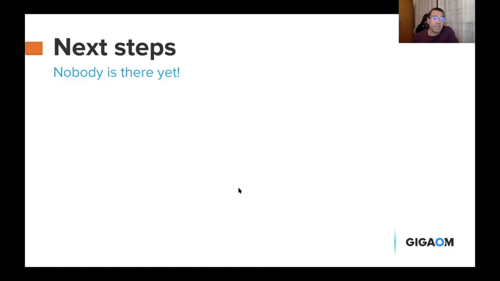The next step is, there are actually several next steps, but it is important to understand that nobody is there yet. There is some work. There are some vendors releasing the first features in this domain, but many of these features are still immature. So let's talk about copy data management.